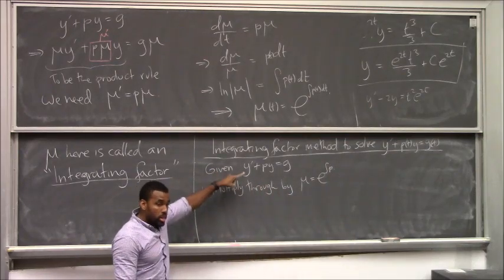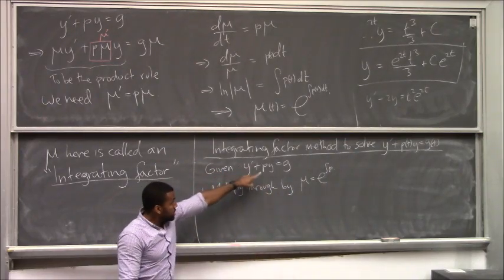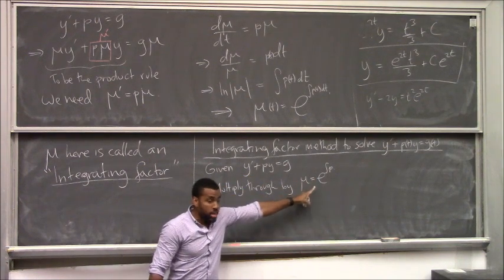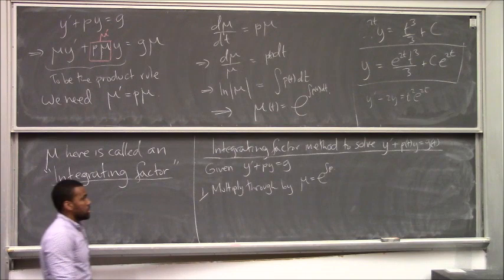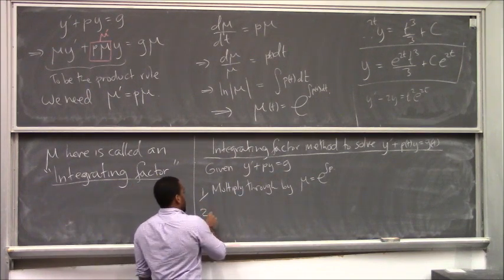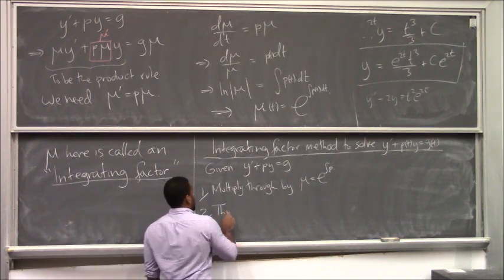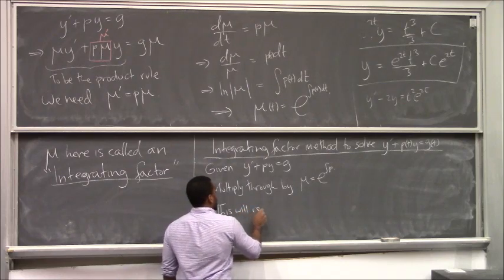So you have to put it in this form if it's not in that form. Take the coefficient of y, create that function, rather. This will result in the following scenario happening.